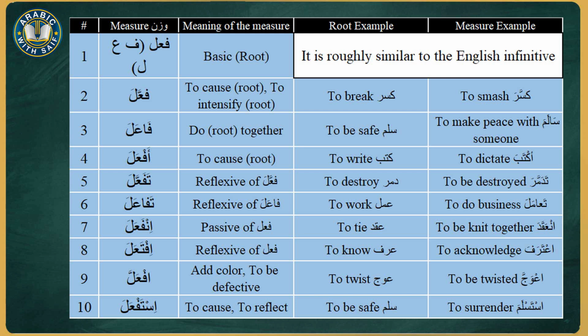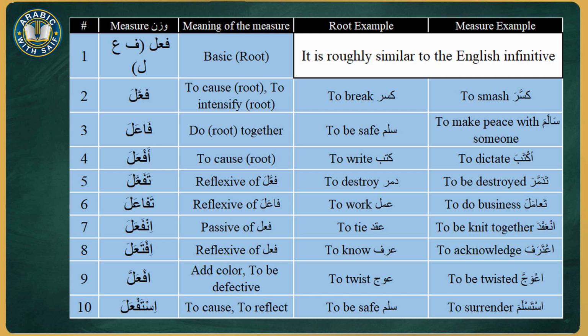Number 7, the measure انفعل, the passive of number one, فعل. Example, the root عقد means to tie. On the measure of انفعل, انعقد means to be knit together.